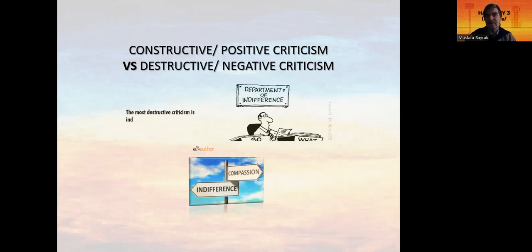Now, constructive or positive, good criticism versus destructive, or in another word, negative criticism. So like this, negative criticism. Department of Indifference. A man is sitting there, and there is a "so what?" You tell something, you explain everything, and then he says, "so what?" And you go on talking, explaining everything, and "so what?"